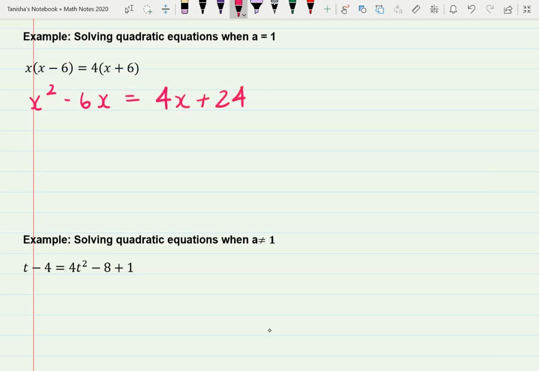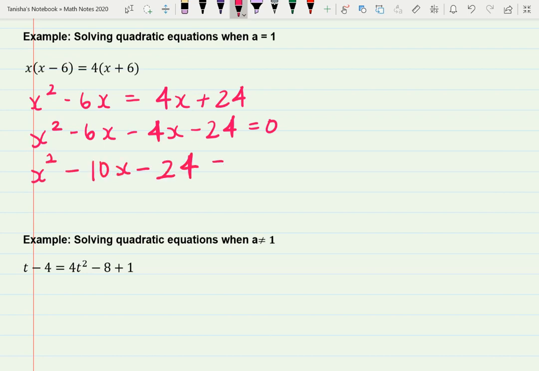Moving all my terms to one side of the equation, I have x squared minus 6x minus 4x minus 24 is equal to 0. Collecting my like terms, I have x squared minus 10x minus 24 is equal to 0.